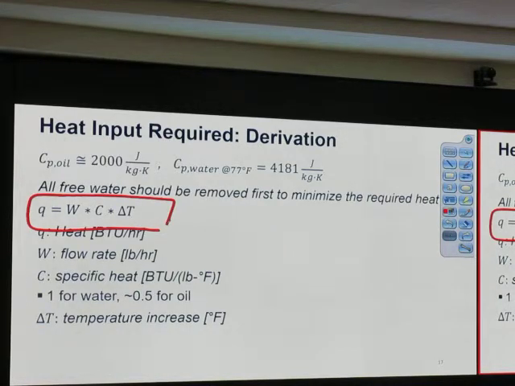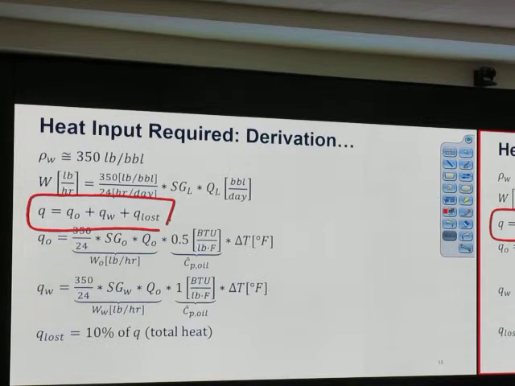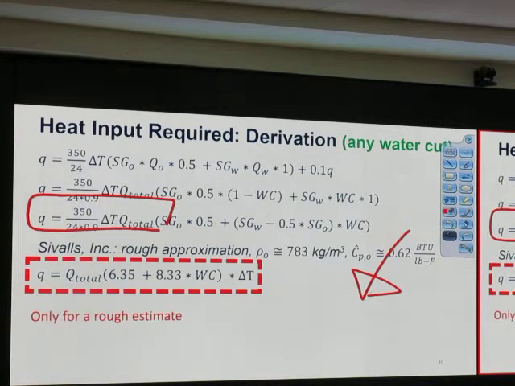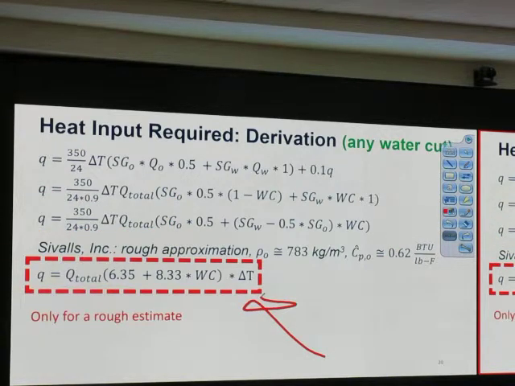You don't really use it unless you want to derive this kind of equation. This equation doesn't have W? Oh, it's actually right there. WC is the percent water cut. If we have 10%, WC will be 10. Sorry about that. Is it good, everyone?